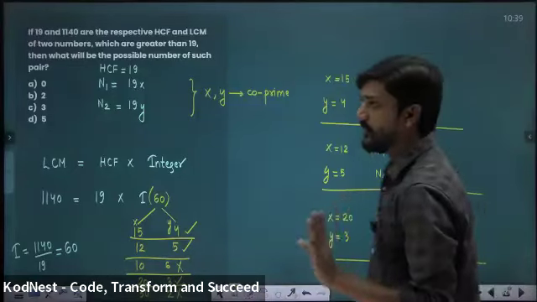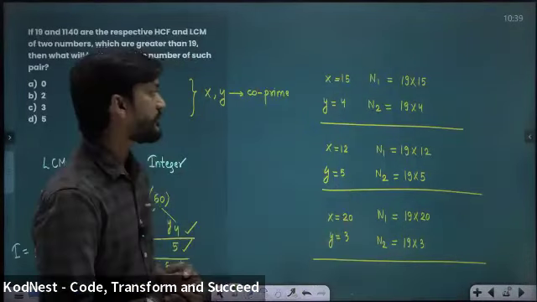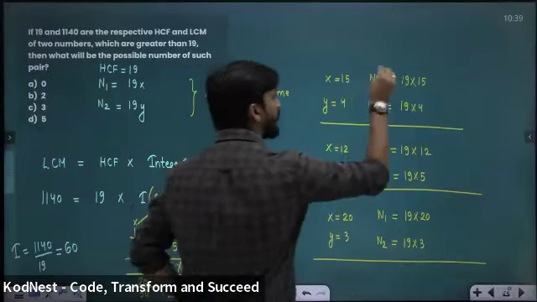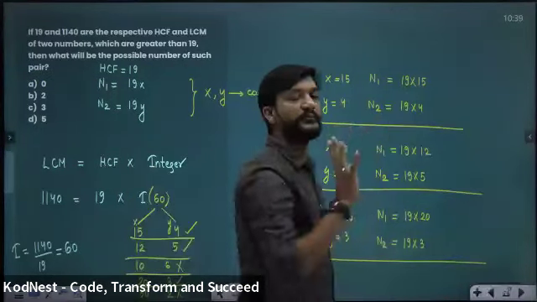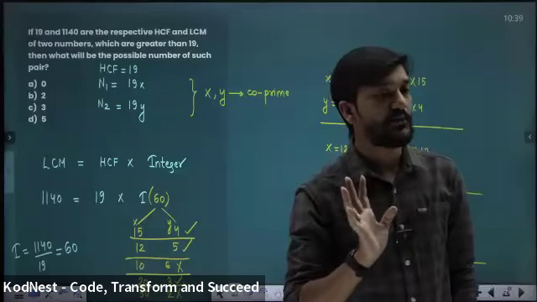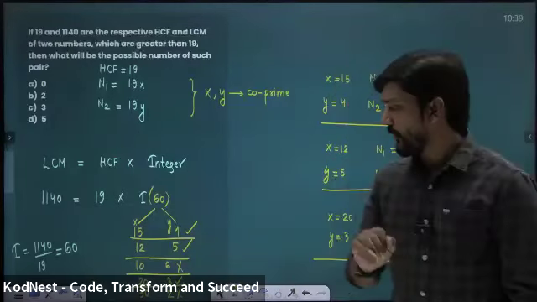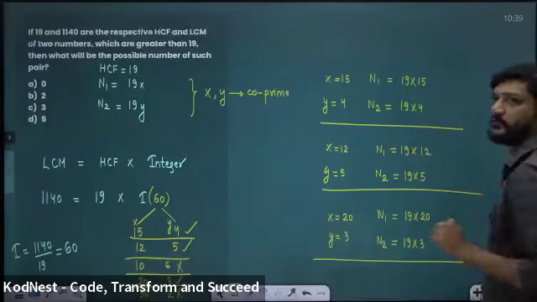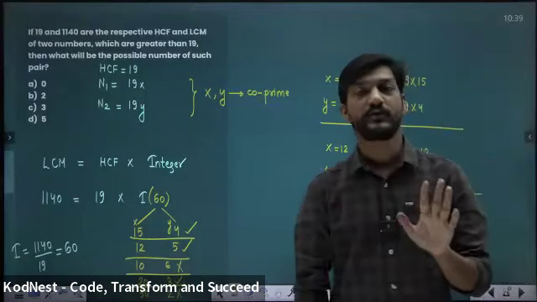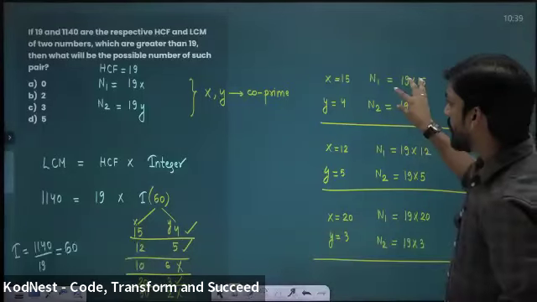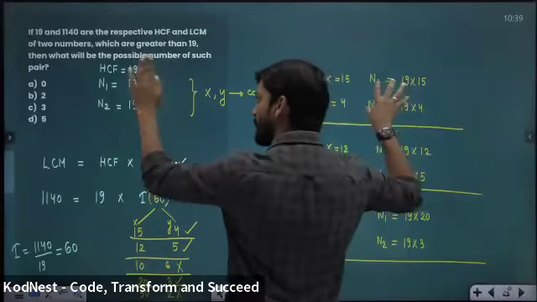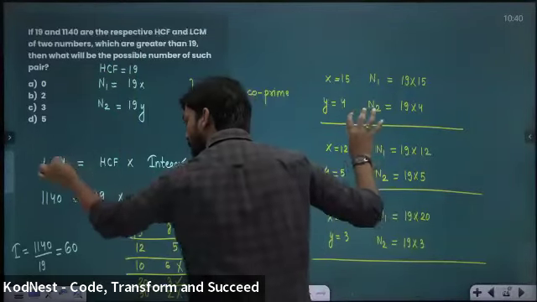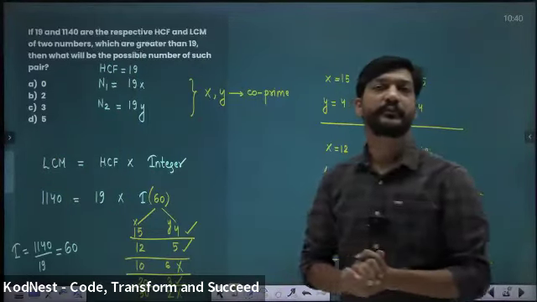All right. Now carefully answer. Every pair of values will give you one set of n1, n2. One set of n1, n2, yes or not? Okay, let me first tell you this. If you find these two numbers, after multiplication and calculating HCF and LCM, HCF will come out to be 19, LCM will come out to be 1140.